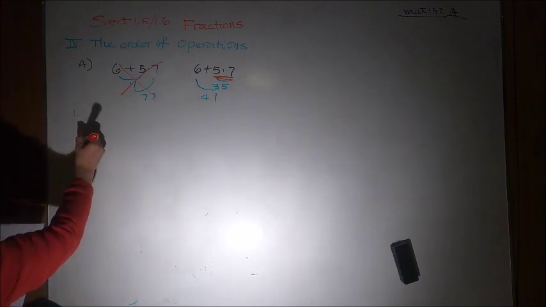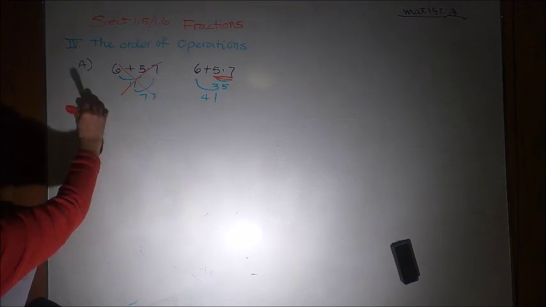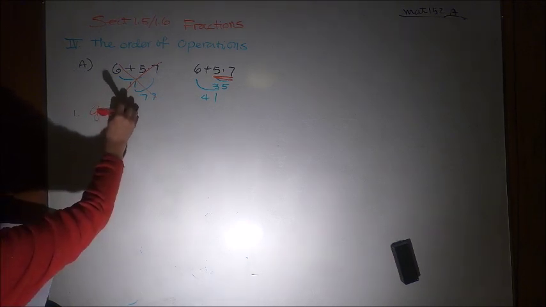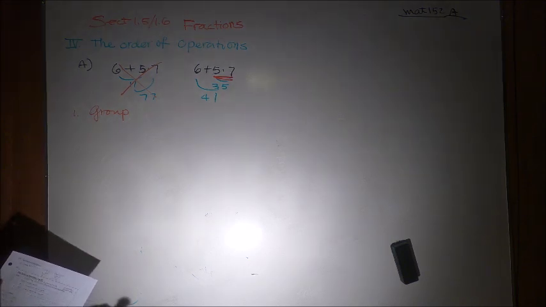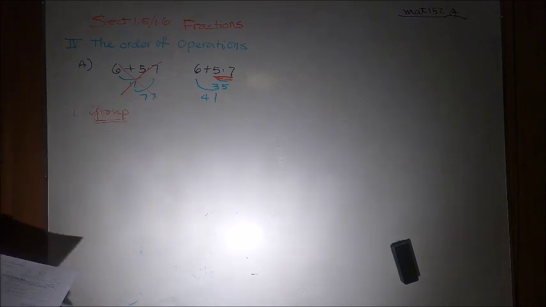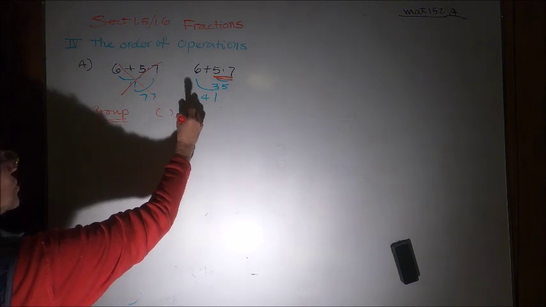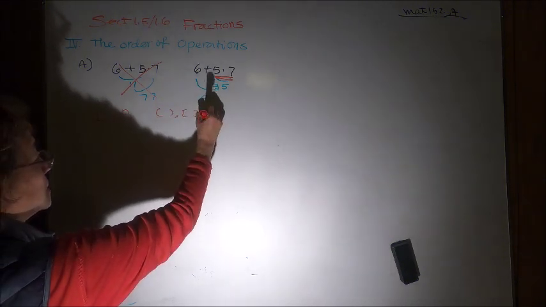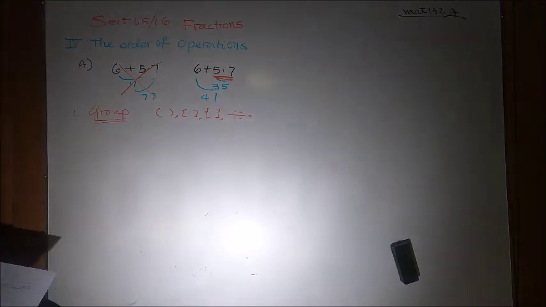So what do we do? We will do the grouping first, okay? What kind of things are groups? We have parentheses, brackets, curly brackets, or the division symbol, right?